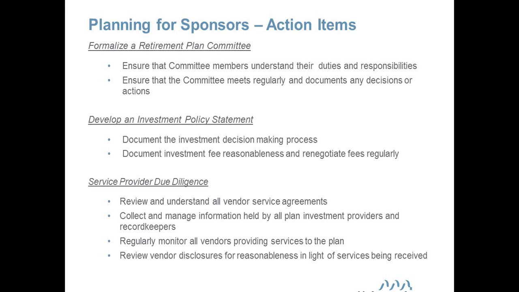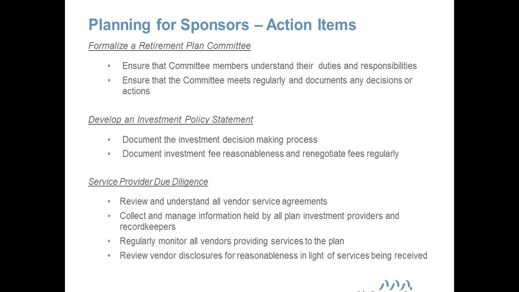So, service provider due diligence: you want to review and understand all your vendor service agreements. What are their responsibilities? We often see plan sponsors tripped up on thinking that somebody's taking responsibility for something, but really in terms of the service contract, that's not the case.